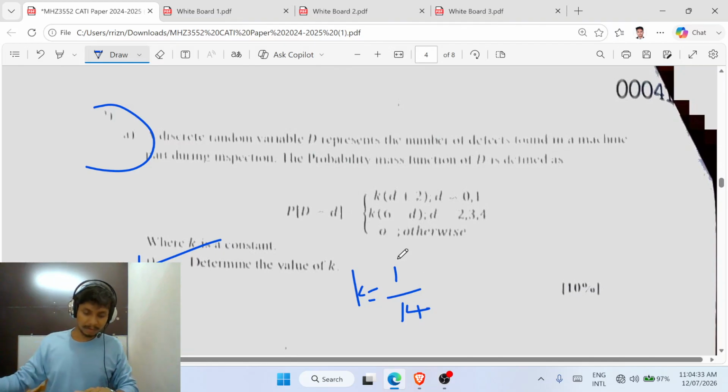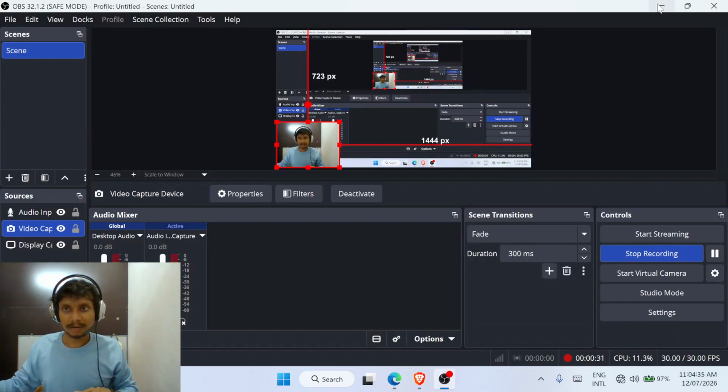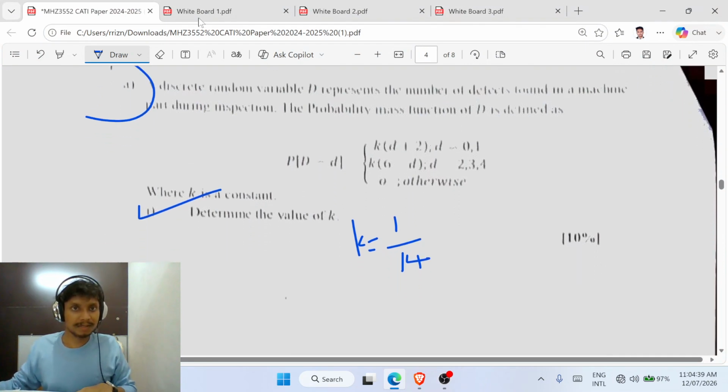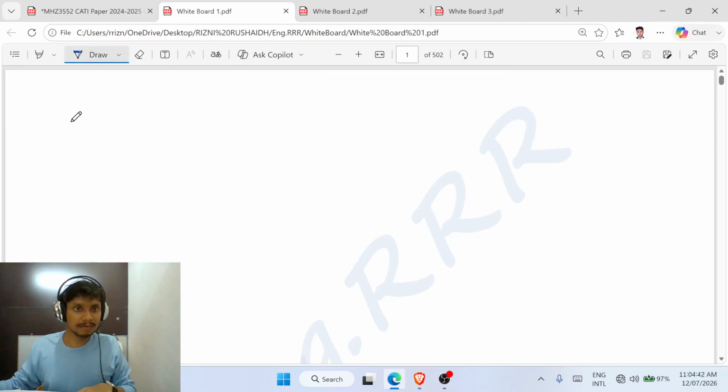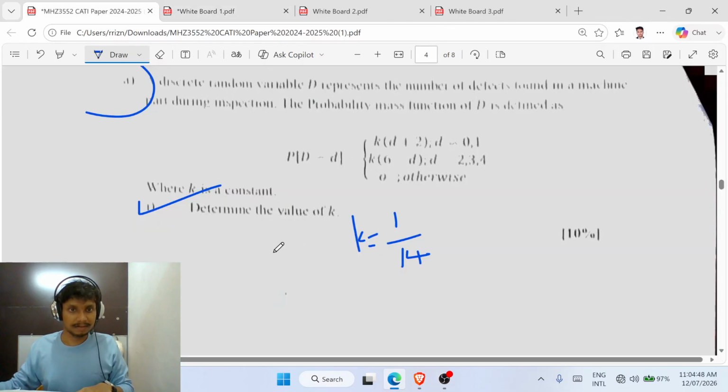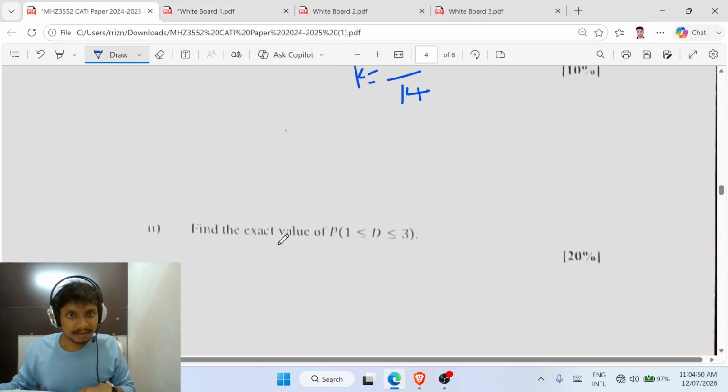Now we are going to move to the part 2A2 question, which is to find the exact value. The exact value means we must find the exact value.